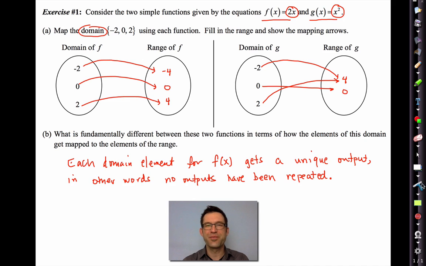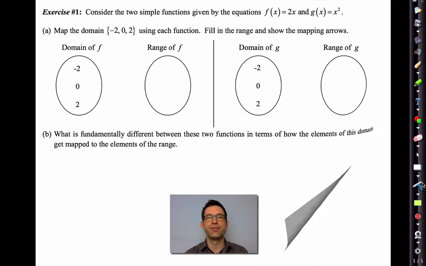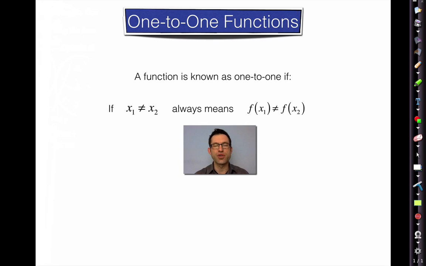Okay, here we go. Let's take a look at the definition of a one-to-one function. Now, the technical mathematical definition I really like. It says a one-to-one function is one where if x1 doesn't equal x2, always means that f of x1 doesn't equal f of x2.